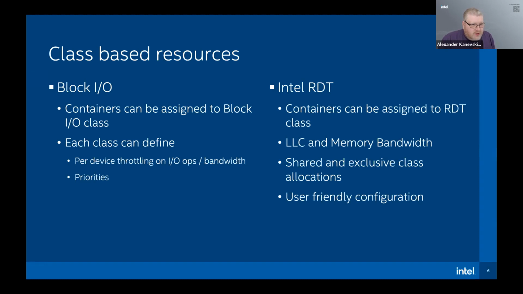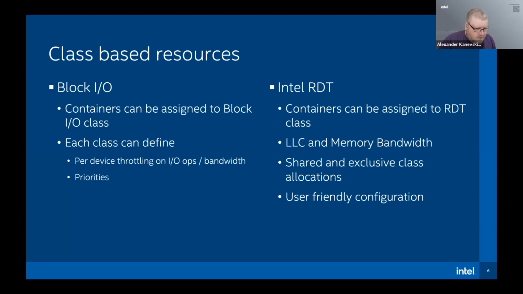And we need some way to assign containers into those classes. When we had the configuration part done, we started to look at how we can expose it into the Kubernetes world.